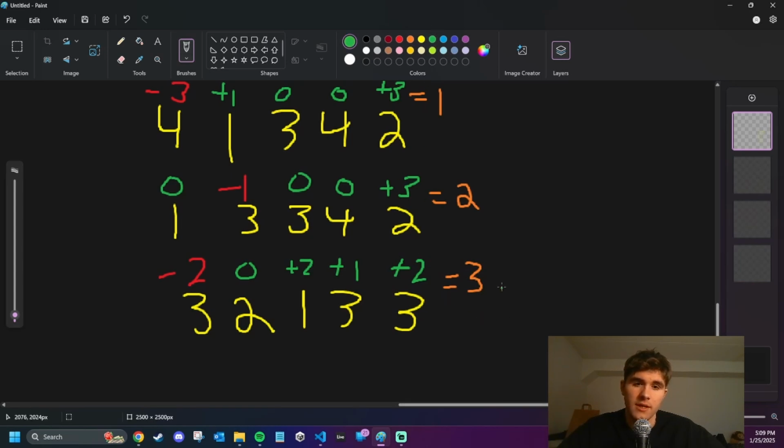So we know that with a score of 3, you could either have, well, wait. With a score of positive 3 means that you could have 2 2s, or you could have three 3s.